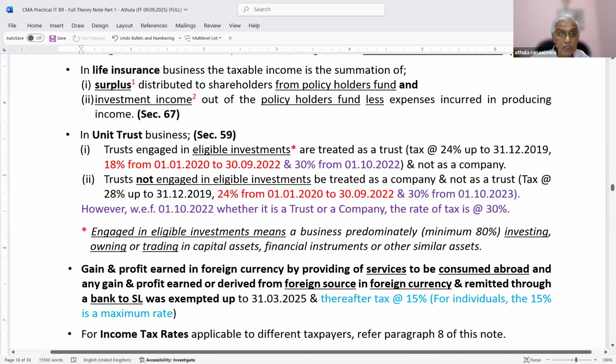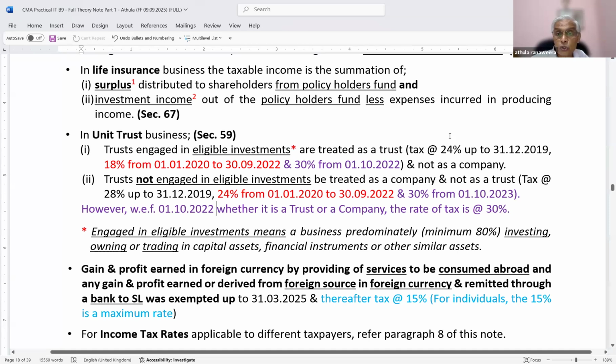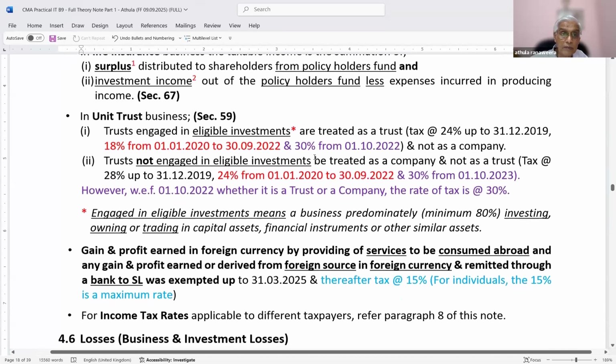Earlier, there was a thing called eligible investment. If they invested in this eligible category, they once enjoyed a 24% tax rate, then subsequently 18%, but now again 30%. Therefore, this eligible investment story is not applicable now because there's no benefit out of that.